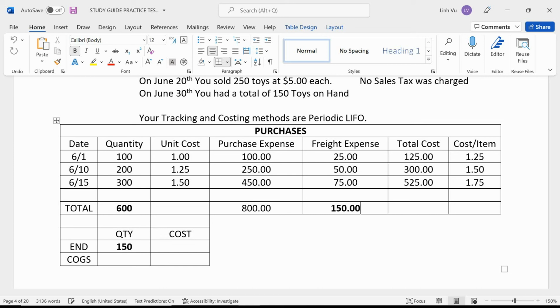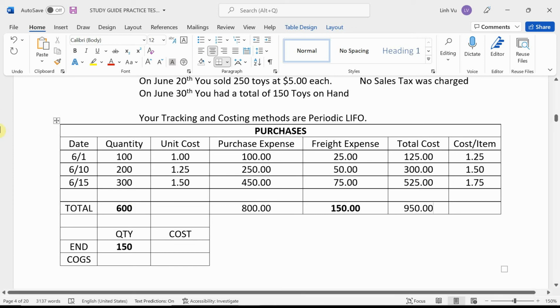So what's my total cost? 950. Okay. And we know that we have 150 left on hand. So what is our assumption? How many items did we sell? 450, right? If we have 600 and we only have 150 left, we must have sold 450.